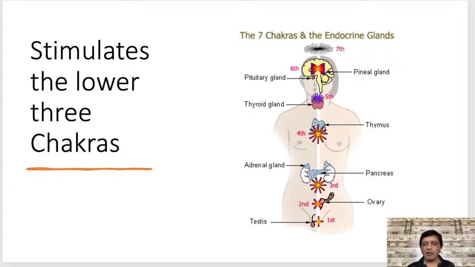Then the Manipura chakra behind the navel zone. They all get nicely stimulated, and through that, the endocrine glands there, starting from testes, ovaries in women, and the adrenal glands and pancreas, they all get nicely stimulated. So this is a benefit filled pack, this abdominal breathing.